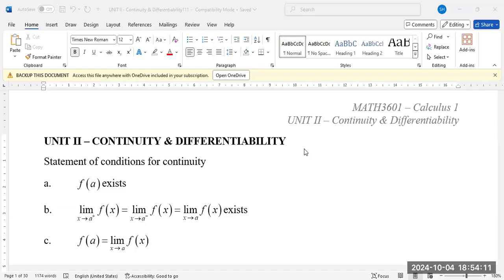Work with me. f of a exists. Sir, what is f of a? f is a function containing a variable, and when you substitute the value a in it, you get an answer out. So a is your input. So f of a exists. Watch it. It says the limit as x tends to a plus. Whoa. What is a plus?